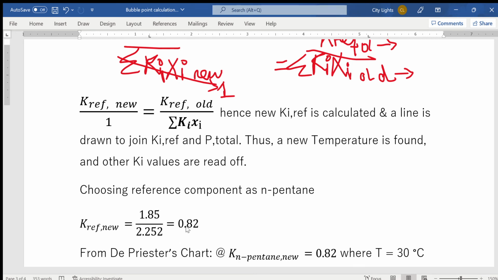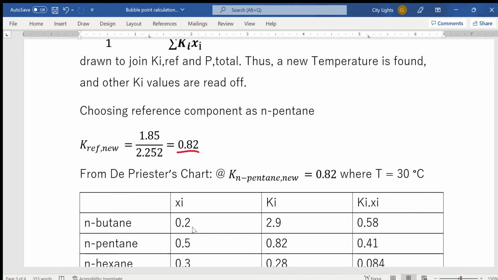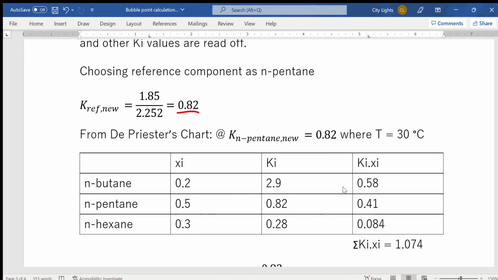So the new value that ideally should belong if k1x1 new equals 1 is 0.82 over here. So now I will draw a second line which connects 101.3 kilopascal and k reference, or k pentane, equals 0.82. So I'll draw a line, and I'll prepare a second table.